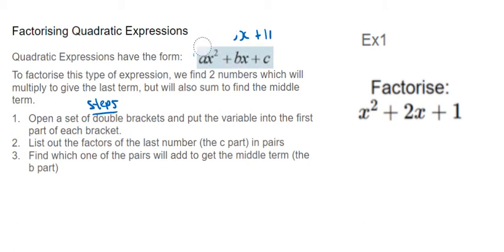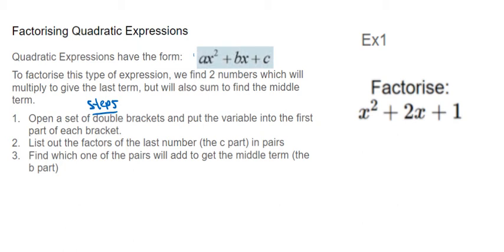If you look at example 1, the a part is just a 1 because there's a 1 in front of the x squared. The b part, the part in front of the x, is a 2, and the c part is the last bit, so that's a 1. So a is 1, b is 2, and c is 1.